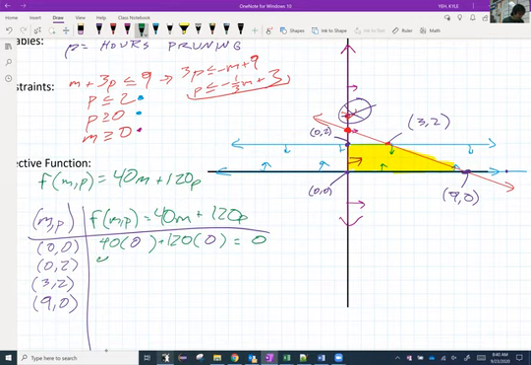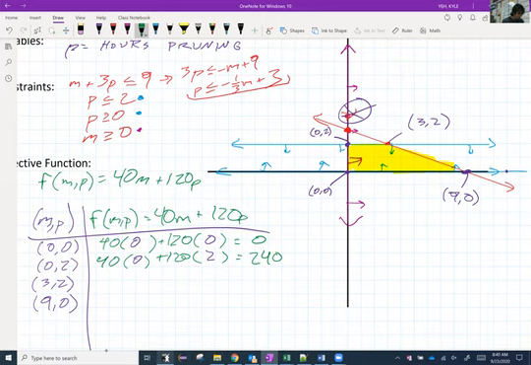So now let's try this second vertex. We've got 0 mowing jobs, but we do have 2 pruning shrubbery. So 2 times 120 gets us $240 for that work crew. Not bad.